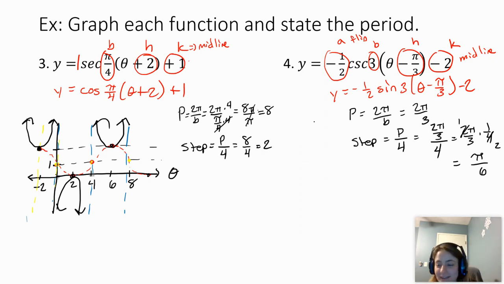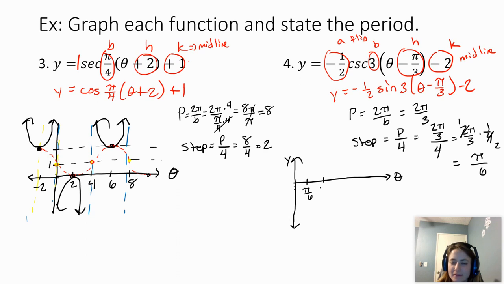Okay, so there's a lot to consider here. Our step is pi over 6.